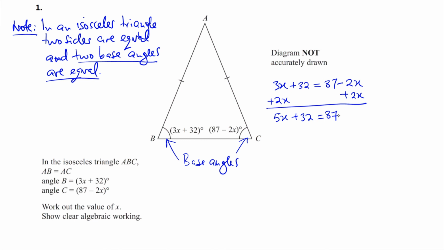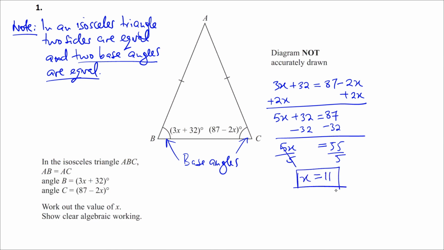And then we want to solve for x, so we subtract 32 from both sides. So you end up with 5x is equal to 55. And then you divide by 5 on both sides. So x will be equal to 11. And that will be the resulting solution.